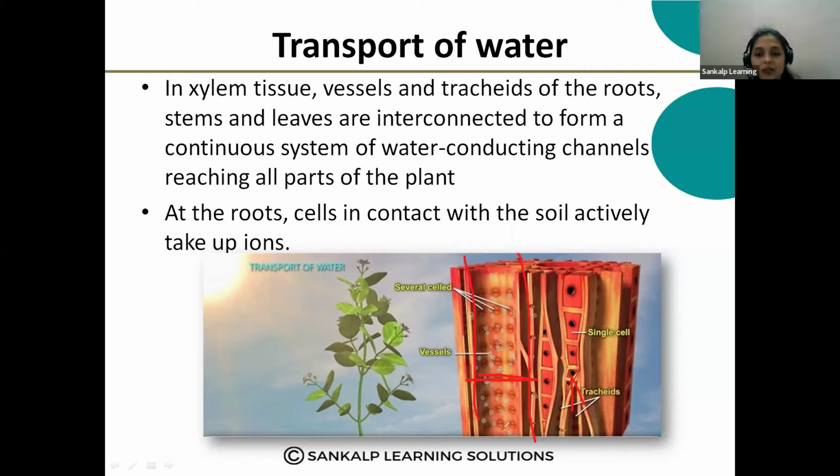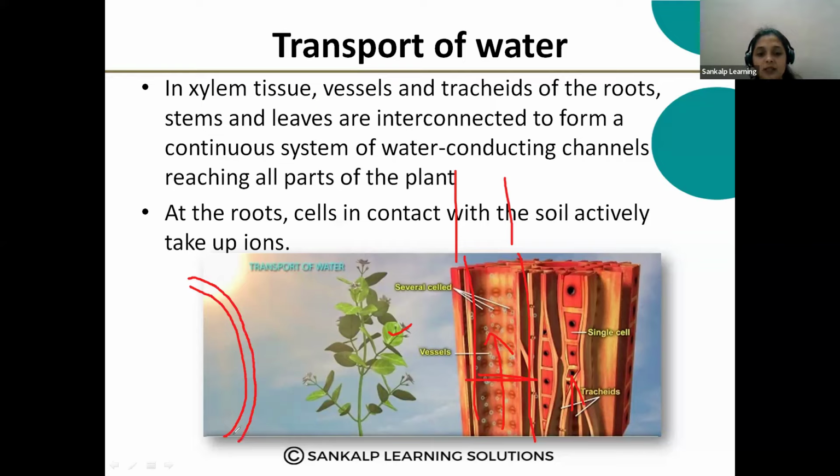This xylem tissue is present in the root, and also in the stem region of the plant, and also in the leaves. Together it forms the conducting channel from root to the shoots of the plant. This is the xylem which is present inside the root, stem and the leaves.